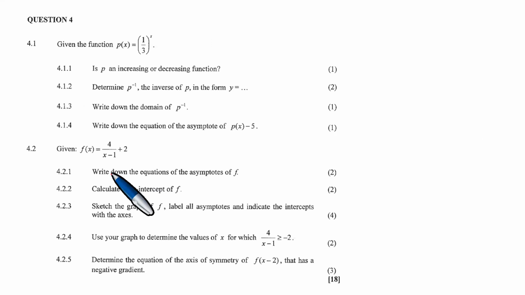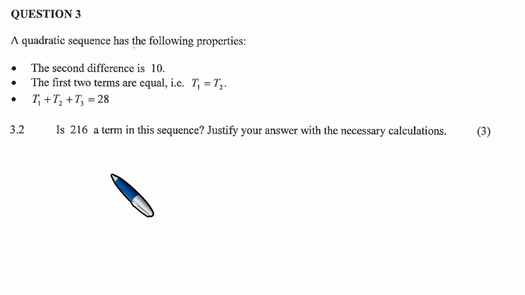We will remember that we have Tn equals 5n squared minus 15n plus 16. This is the formula we got. But now the examiner is saying, is 216 in the sequence?